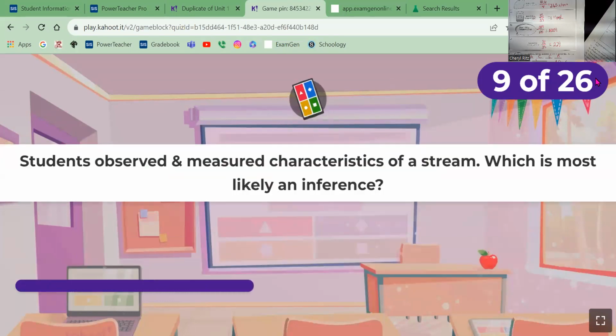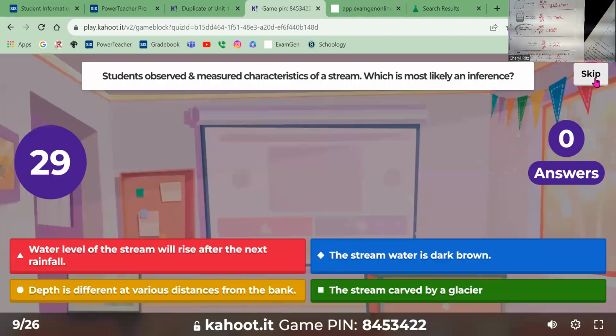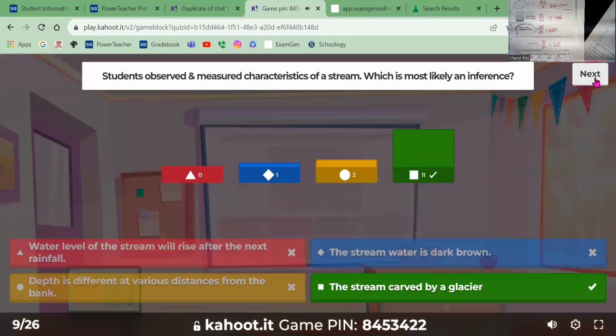Students observed and measured characteristics of a stream, which is most likely an inference. Remember, there's a difference between an inference and a prediction. Carved by a glacier, that is an inference.